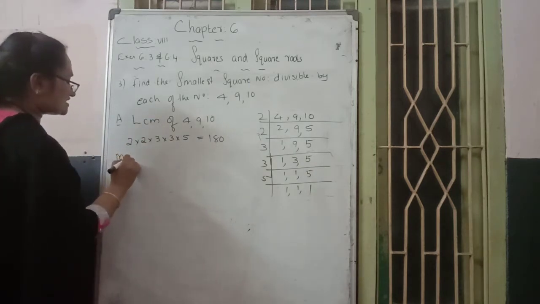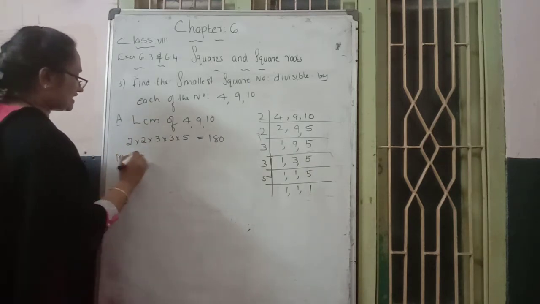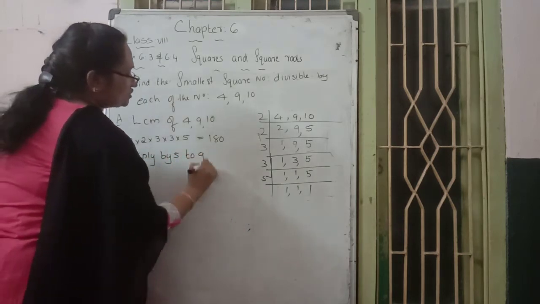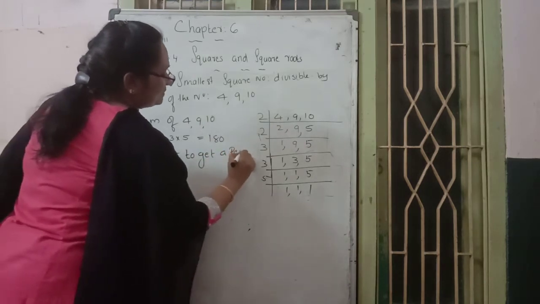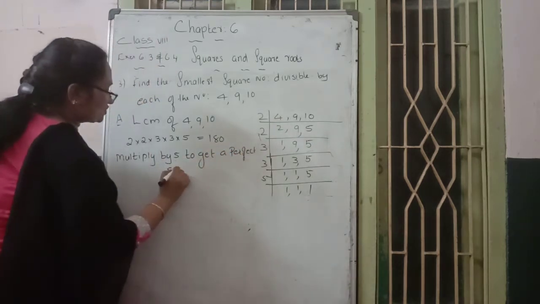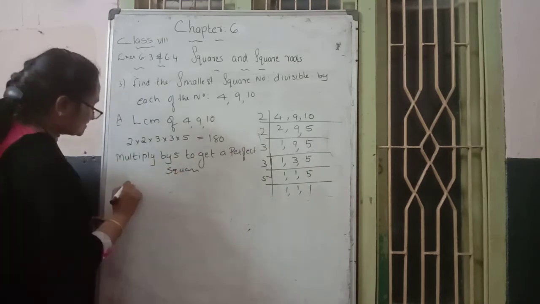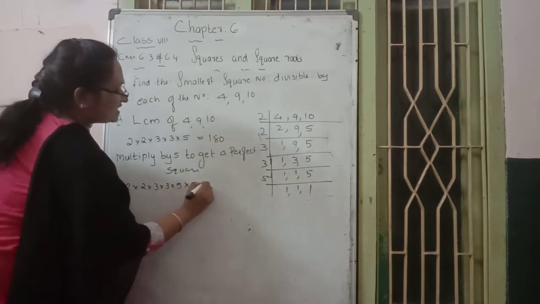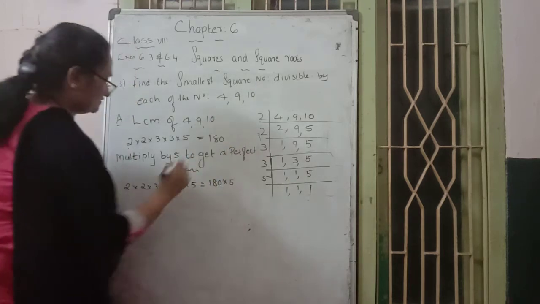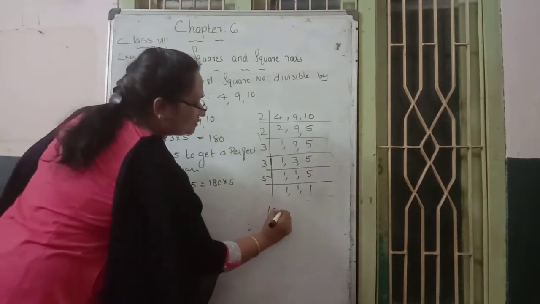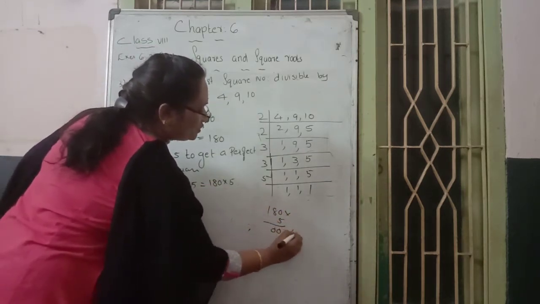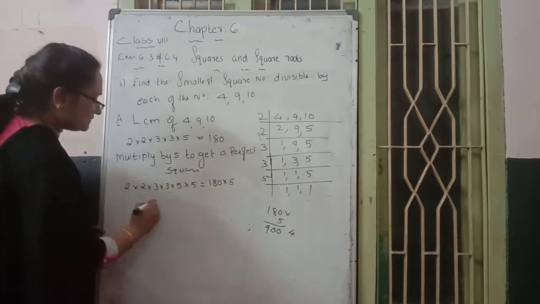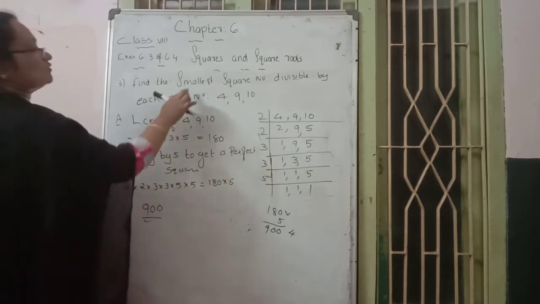So we write: multiply by 5 to get a perfect square. Left side and right side both multiplied by 5, so 180 into 5 becomes 900. So 900 is our smallest square.